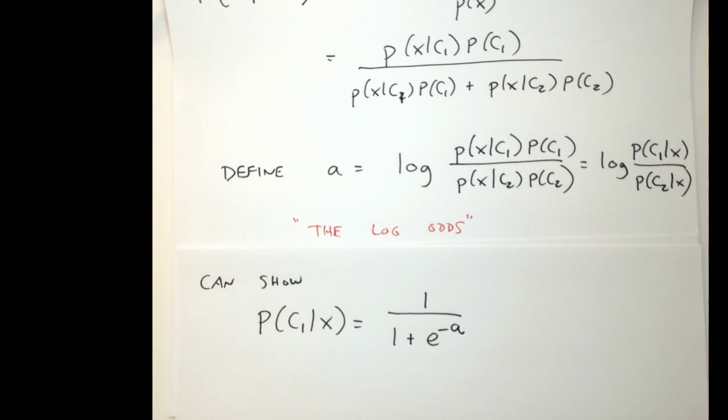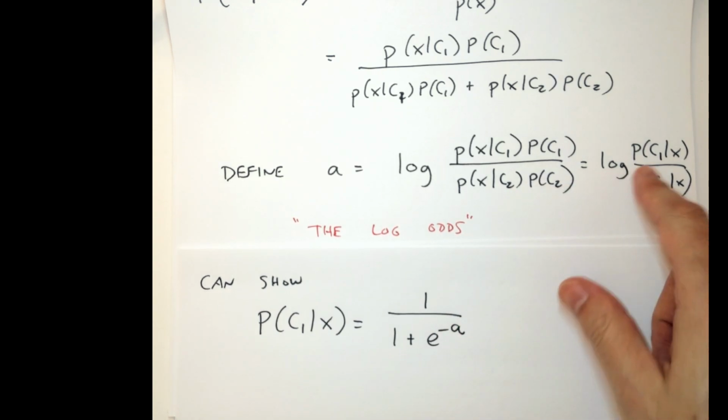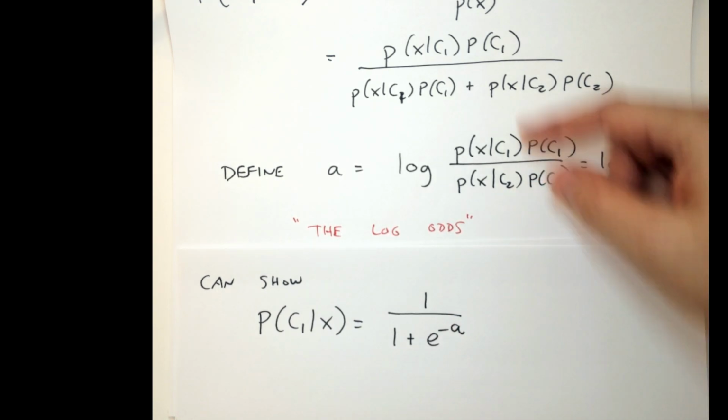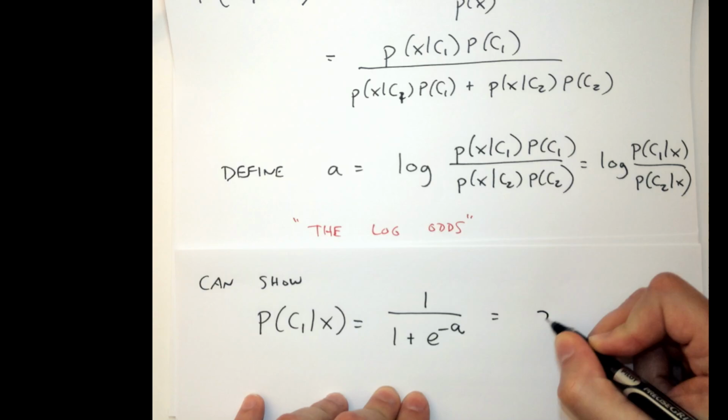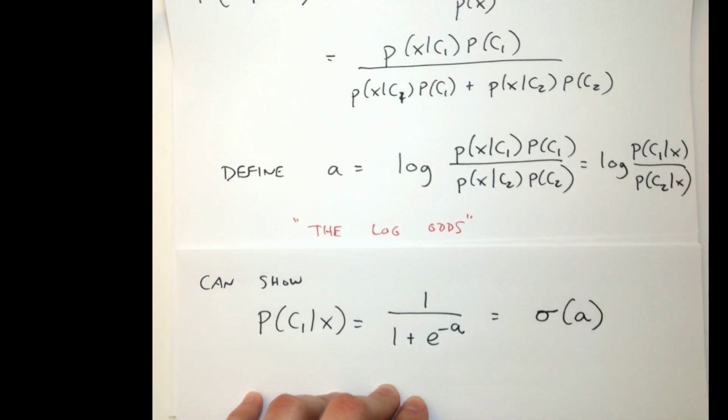And I think you could probably convince yourself why that's true just by working it out. Because e to this thing gets rid of the log, and then the ratios of these other numbers come into play. And I'm going to call this function sigma of a.